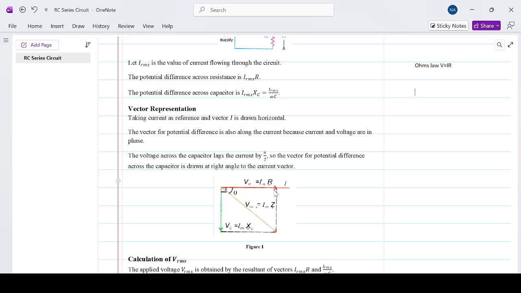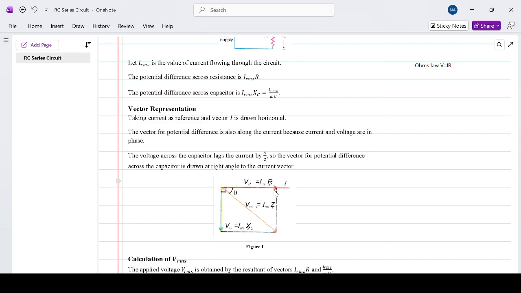Now we know that the voltage across the capacitor lags the current by pi by 2. So the potential difference across the capacitor, which is written as IRMS XC or IRMS over omega C, is taken behind the vector I by pi by 2.